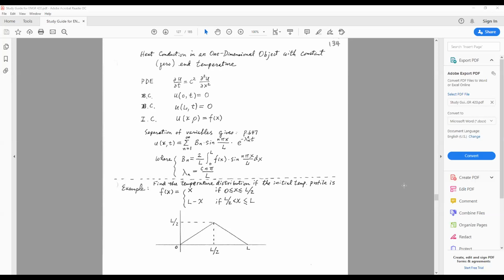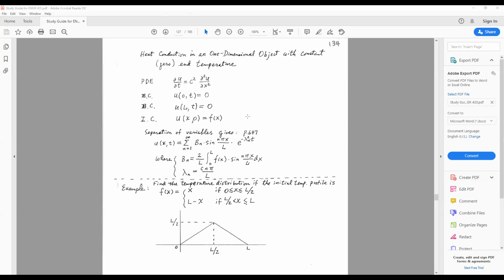Starting from page 134 of the study guide. This slide summarizes what we have been talking about in this lecture. These are the governing equations, the PDE, two boundary conditions, and the very general given initial condition.